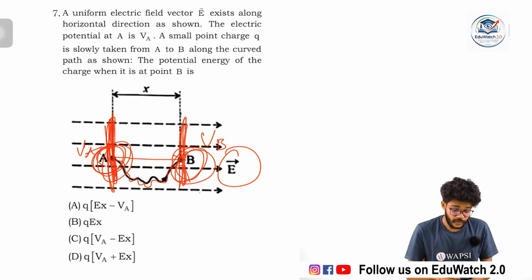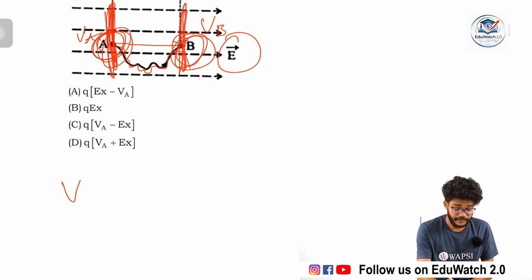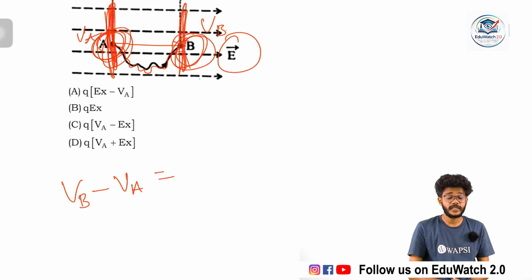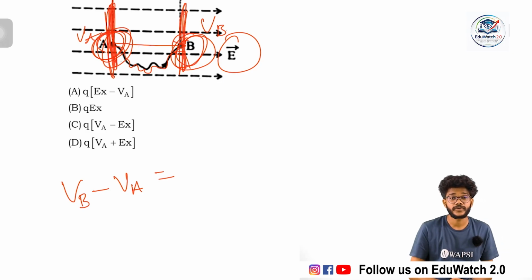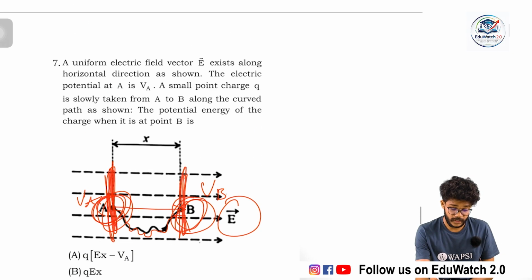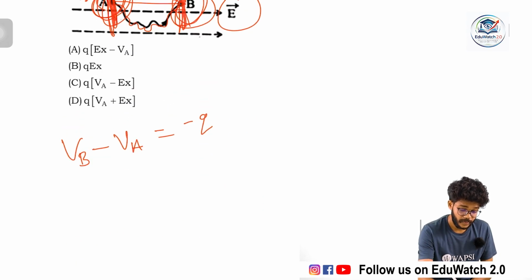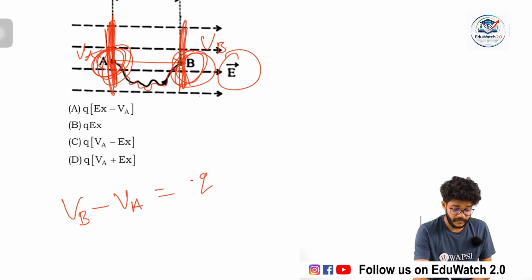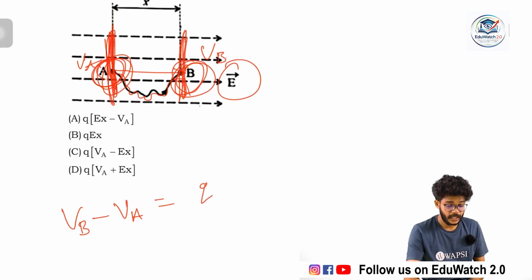So I am saying that V is the final potential minus VA, the initial potential. The change in potential is equal to Q into the electric field. Since the small point charge Q is slowly moved, it is plus Q into the electric field.